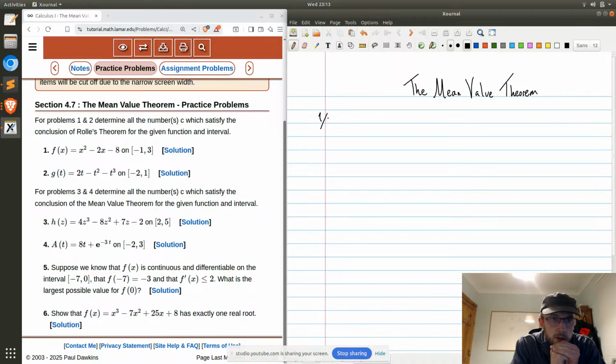For problems 1 and 2, determine all the numbers C which satisfy the conclusion of Rolle's theorem for the given function and interval. Okay, so first compute f of -1.